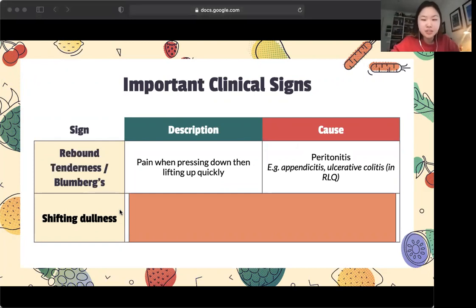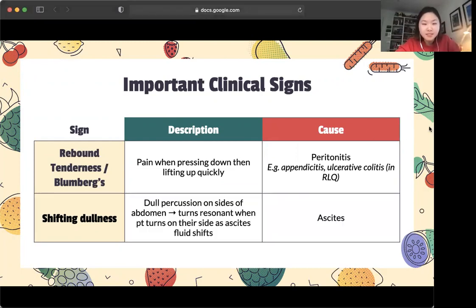And then shifting dullness. Ascites, yes. Anyone know how we get it? Oh, we'll go through it. So basically dull percussion on the sides of the abdomen, and then it becomes resonant when the patient turns on their side. If you think about it, it's where the fluid settles. When they're lying on their back, it's going to be on the sides.